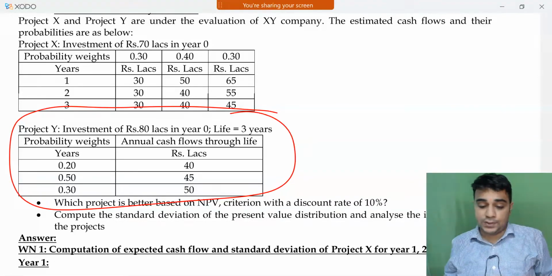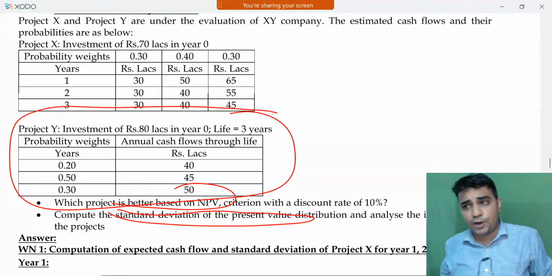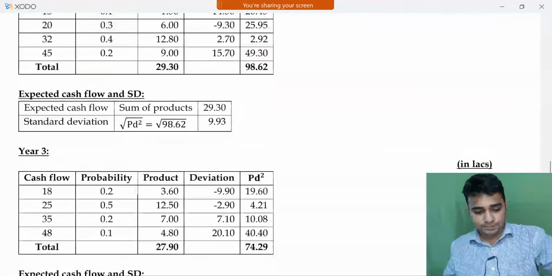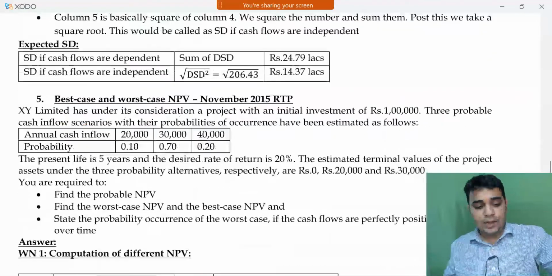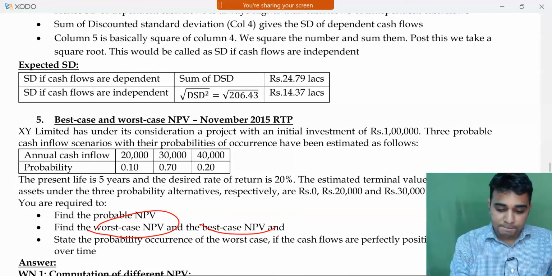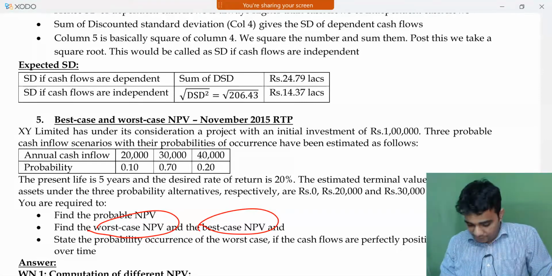If you look at that question, the requirement was standard deviation and which project is better. In this question, they want us to calculate worst case NPV, best case NPV, probable NPV.